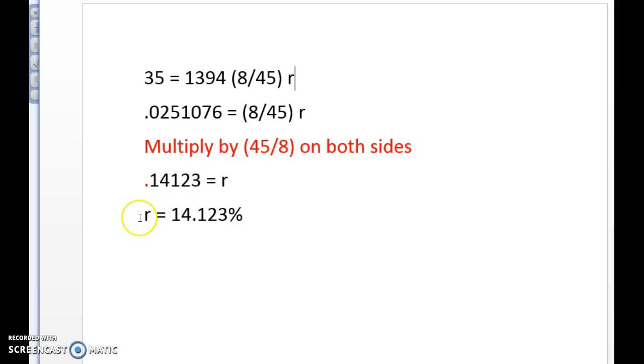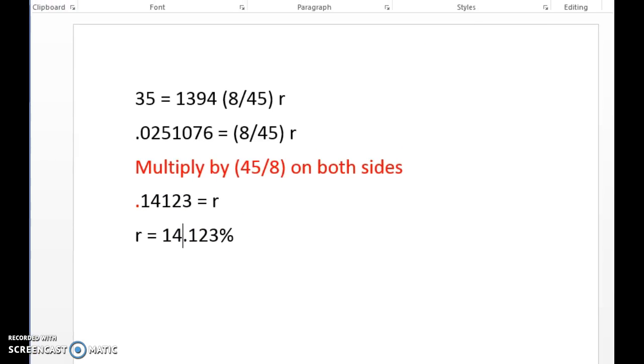And then the problem wanted you to enter R as a percentage rounded to 3 decimal spots. So always pay attention to how many decimal spots they want you to round to, and also if it wants a percentage or a decimal and so on. So convert this to a percent by multiplying by 100. That moves the decimal over 2 spots, and you get that.